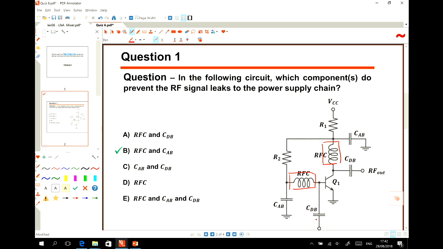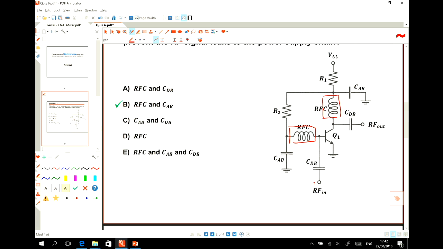Then the RF path, which is this path, so this is your RF path, can be just blocked from going through this line to VCC, or through this line to VCC. Also, these capacitors could be selected in such a way that at high frequency they show an impedance of 0. So ZC equals 0 at high frequency.